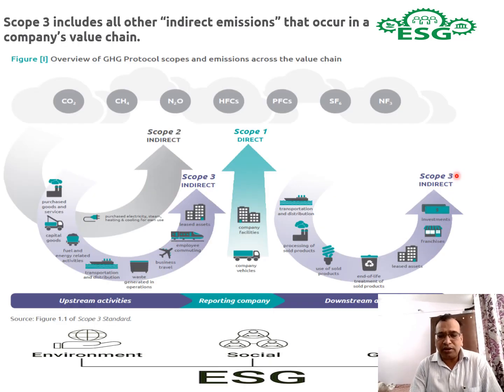Now this is a graphical or pictorial representation. It covers Scope 1, Scope 2 and Scope 3 emissions. Scope 3 includes all the indirect emissions that occur in the company's value chain. Value chain means what?